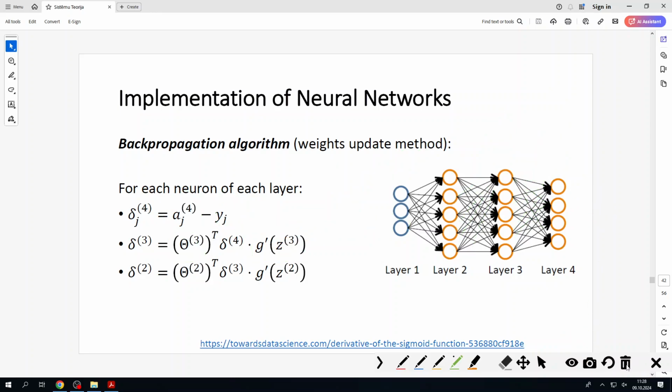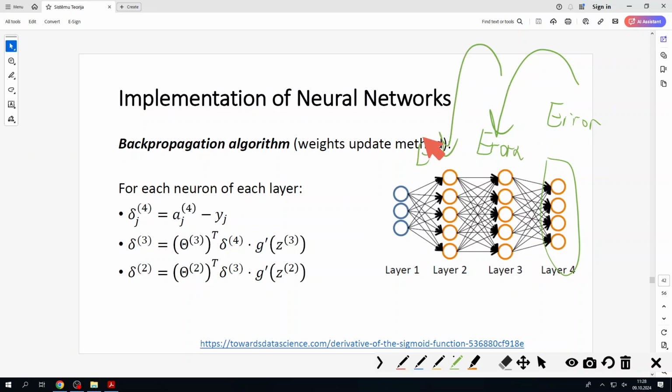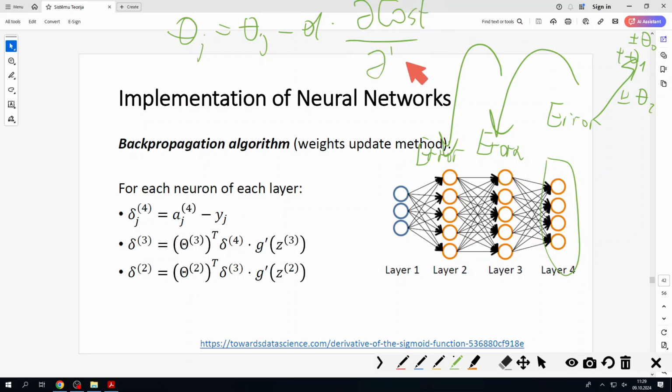You use the previous layer's error to update the other error, to update it here, and each of these errors shows you how you need to change, plus minus, theta 1, plus minus theta 2, etc. So in a sense, this is our derivative which we were using previously, like so, yes, alpha multiplied by a derivative of your cost with respect to theta j.